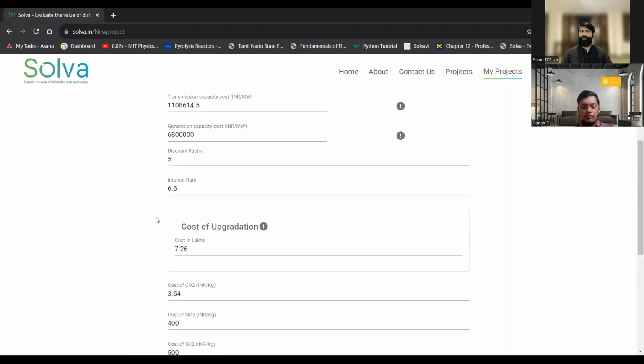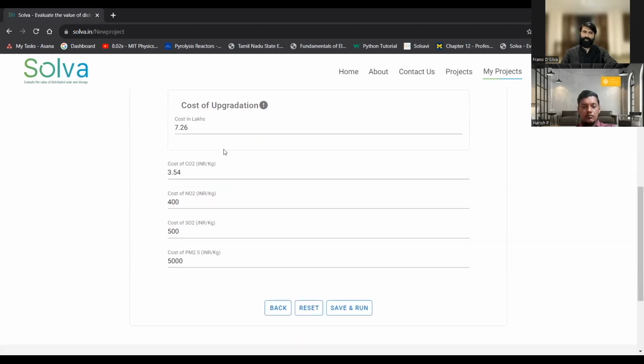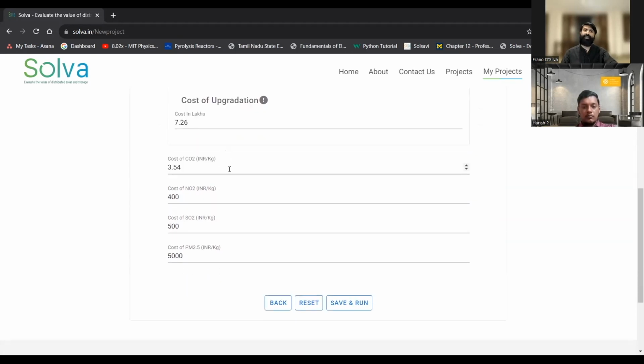These advanced inputs include transmission capacity cost, generation capacity cost, as well as the cost of upgradation in case an upgradation is being suggested. Here, you can also find the environmental and health values of each of the pollutants, which can be modified and changed in case you find a better value and an appropriate value for your analysis.